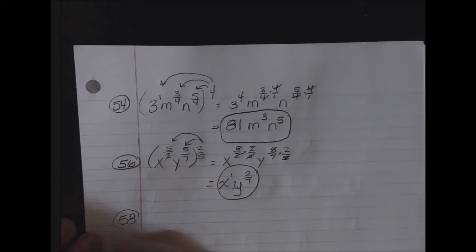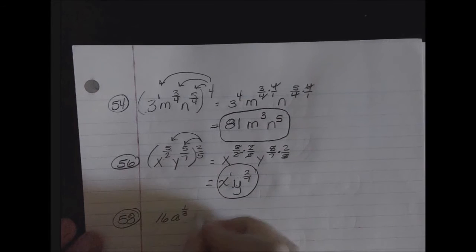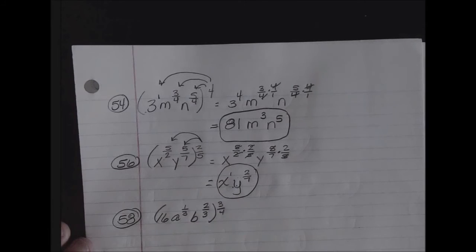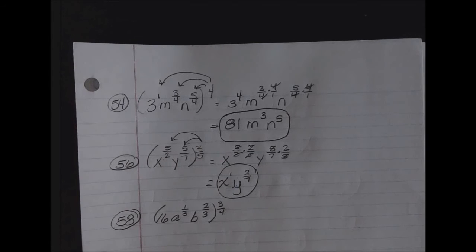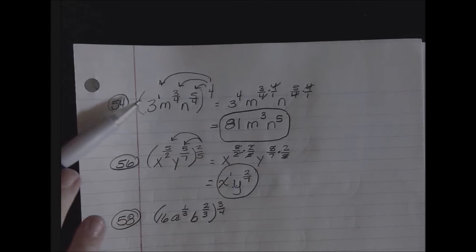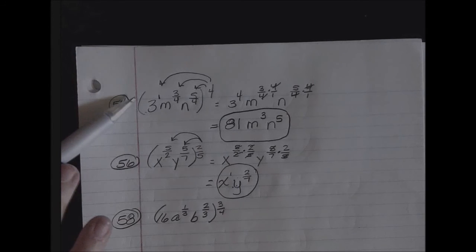For number 58, I have 16, a to the 1/3, and then b to the 2/3, all raised to the 3/4. So remember, if you have a whole number, just like on number 54 up here, that has no exponent written, that doesn't mean it doesn't have an exponent.